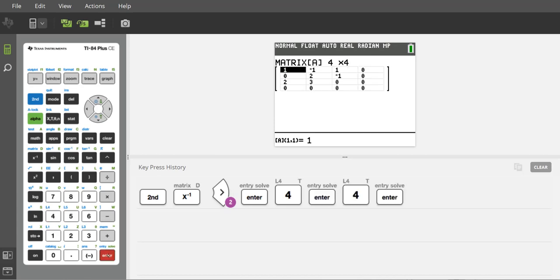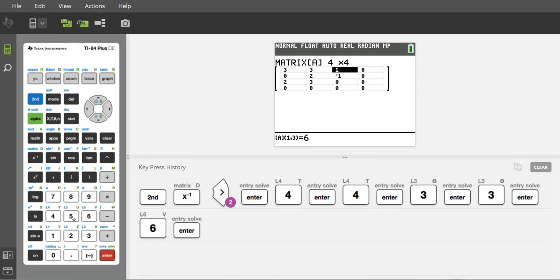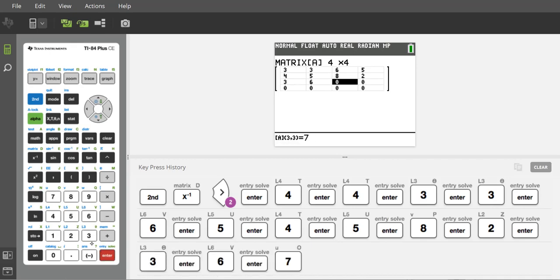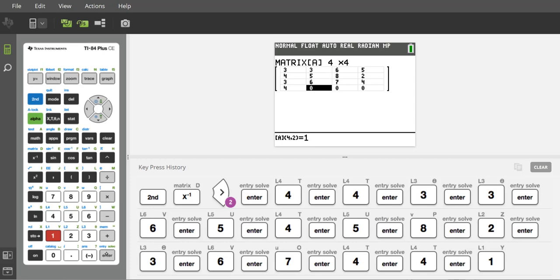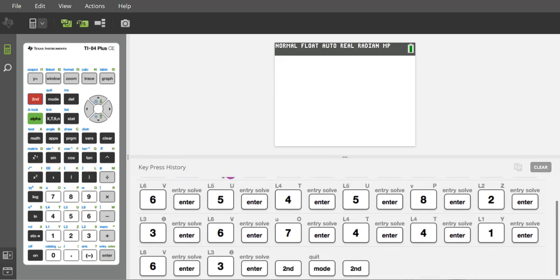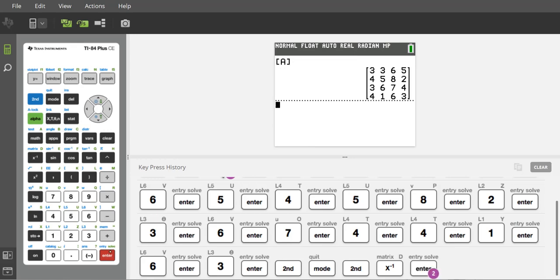And the rows are 3, 3, 6, 5, 4, 5, 8, 2, 3, 6, 7, 4, 4, 1, 6, 3. Okay, I'm going to look and make sure I typed it in correctly.